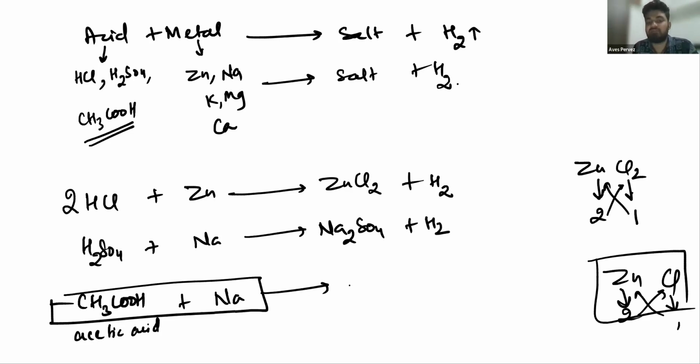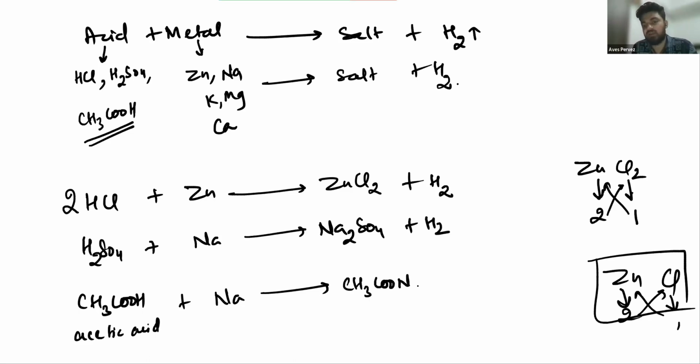So you need to write the correct formula: CH3COONa plus hydrogen gas. This is called sodium ethanoate. Please note this equation quickly, then I'm going to discuss.